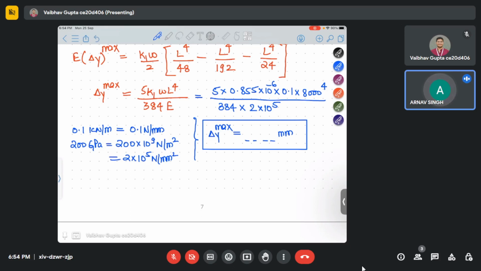Sir, 2.28 into 10 to the power 30. No, 22.8 you will get. 22.8? Yes, sir. How? See, this 10 to the power 5 will go above. It is in mm, no? Oh, sorry, sir, this is millimeter.